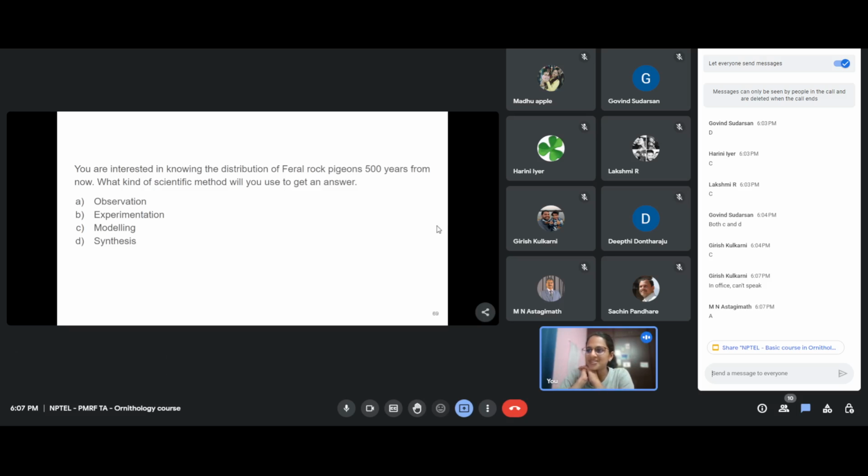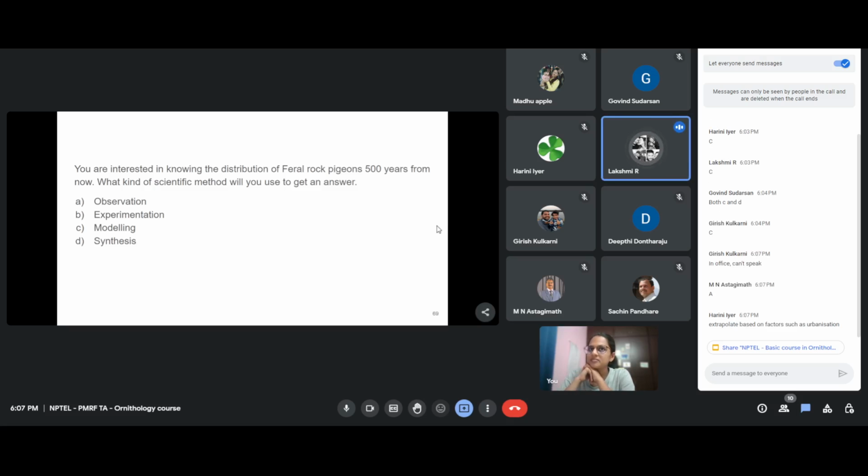Maybe we can draw a model of the present situation, whatever environment situation is there, taking into consideration all the various studies going on about the various factors which influence feral rock pigeon distribution. You can model from the present situation, and then you can guess at most, because it's in the future, and that too half a millennia in the future.